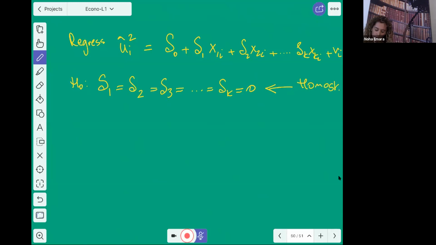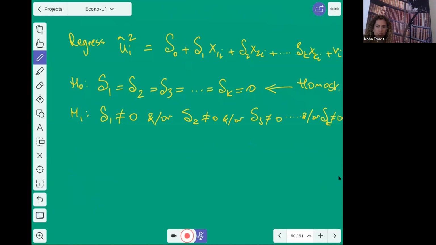And then the alternative is saying no, there is a significant connection, because this one is not equal to 0, and/or this one is not equal to 0, and/or this one is not equal to 0. You keep going, okay? And/or delta k is not equal to 0.